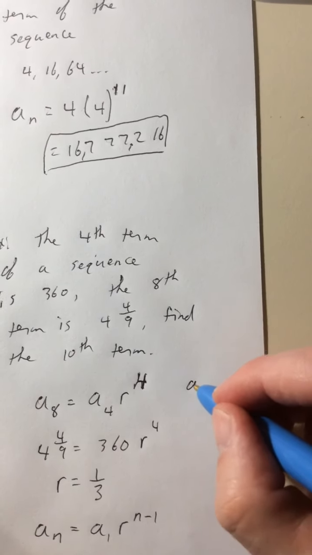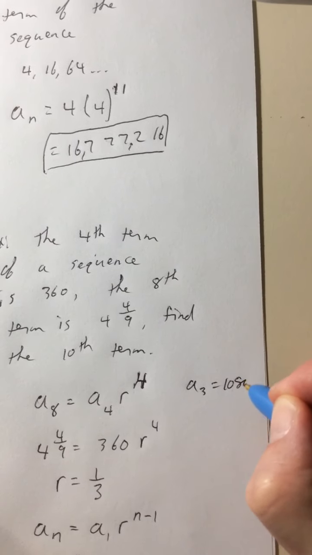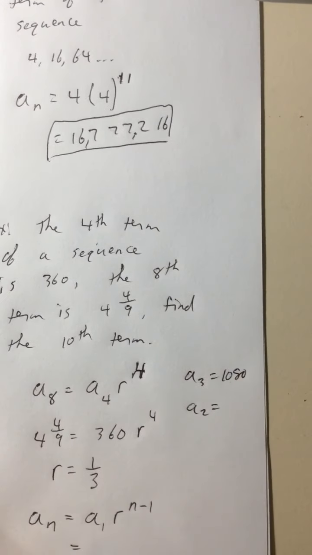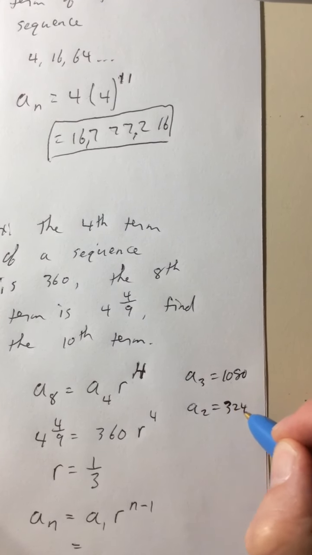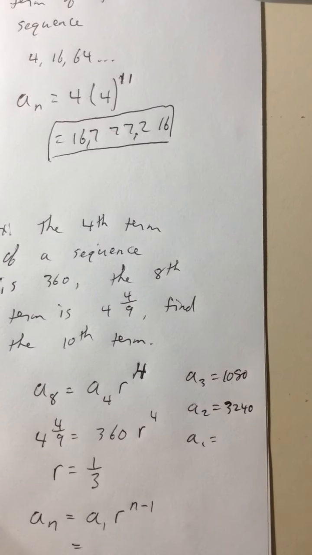So we have a3 equals 1080. a2 multiplied by 3 again, and we got 3240. And a1 multiplied by 3 again, and we have 9720.